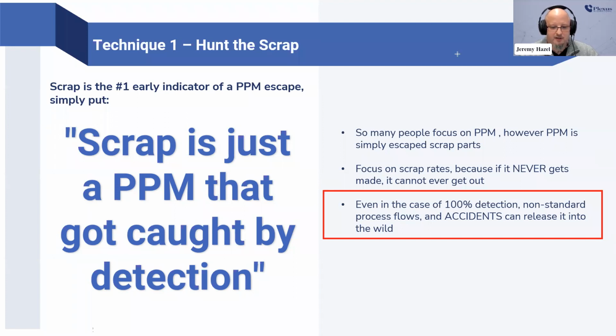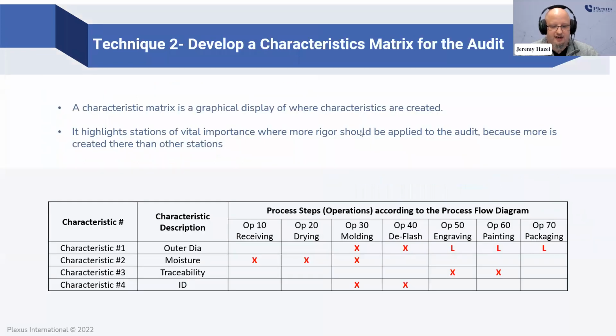Now, the other thing that I do is I typically will develop a characteristics matrix for the audit. If you folks have never seen one of these, a characteristics matrix is a high leverage tool.